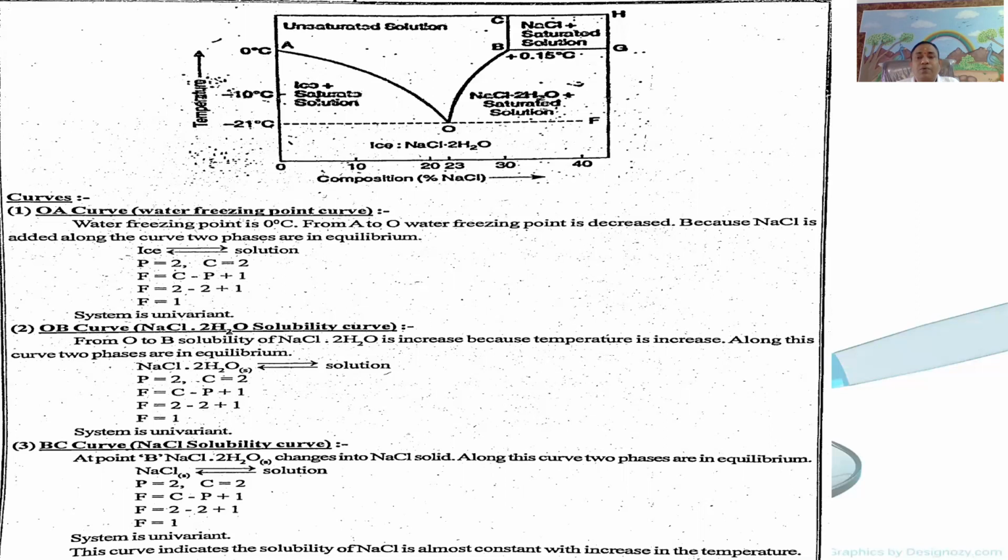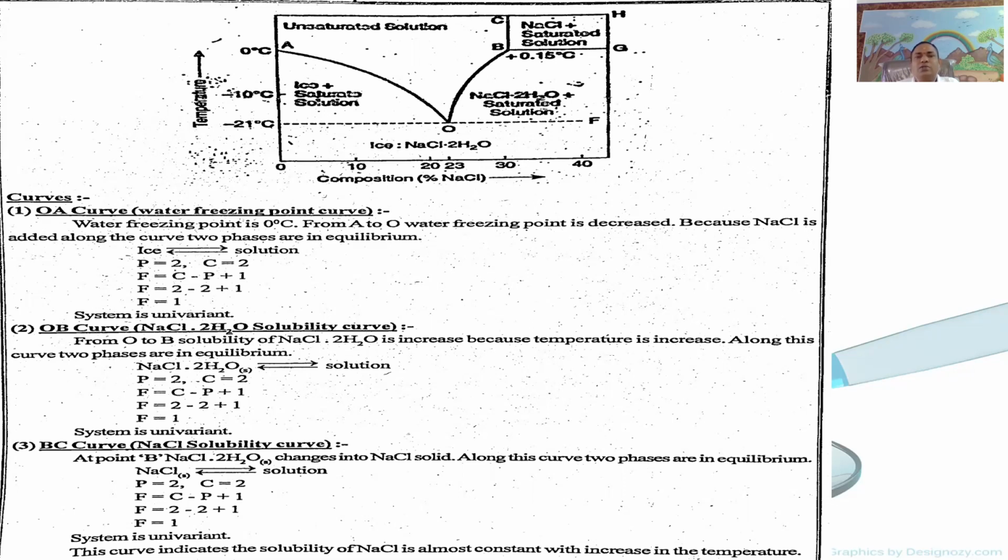The number of degrees of freedom required to explain any one phase of the potassium iodide water system, based on the reduced phase rule, is P plus F equal to C plus 1, F equal to C plus 1 minus P, where C is 2, P is 1. That is 2 plus 1 minus 1 equal to 2.